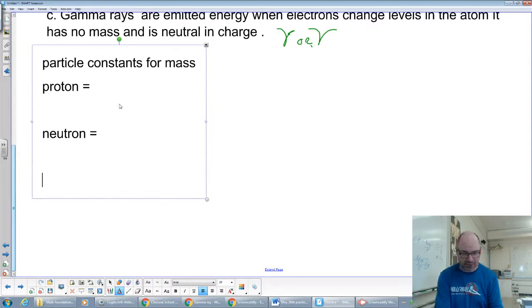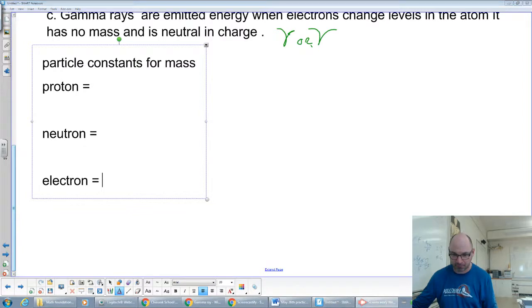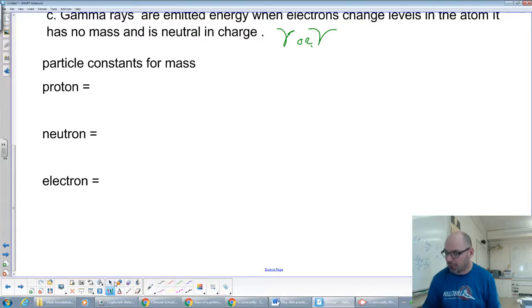And we also need an electron. Okay, the three nuclear particles. What are the masses of each of these? So, sorry guys. Significant figure-wise, let me pause again and dig them up. We're going to have to go more than a few significant figures. We're going to have to go down to about 4 or 5.